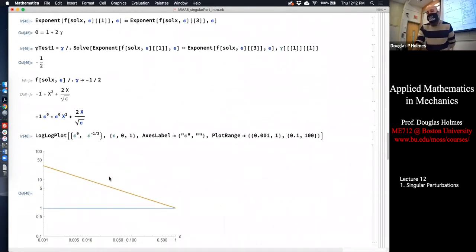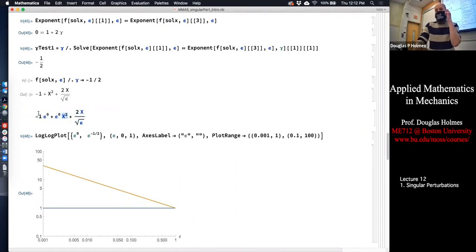Then plotting this, we see that the epsilon to the -1/2 term, which I will point out multiplies the x term, not the x squared term, becomes significantly bigger than these other two terms, which are on the same order. These are both epsilon to the 0, this one's not.